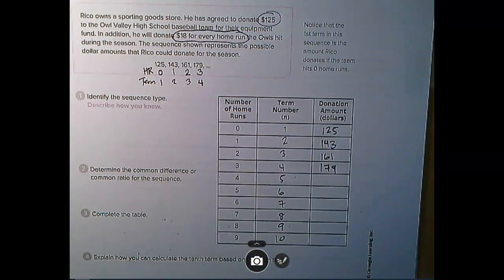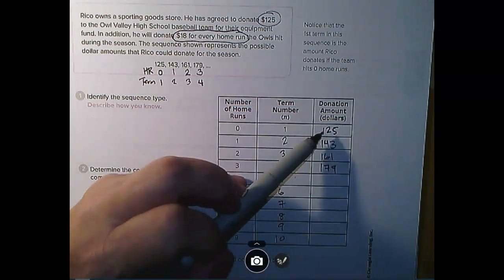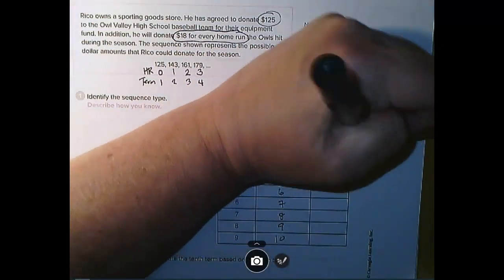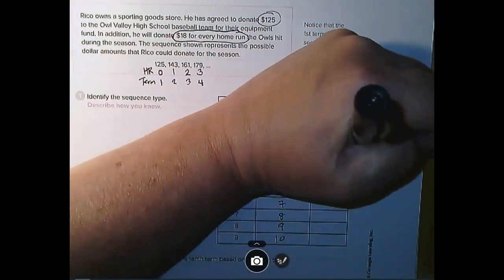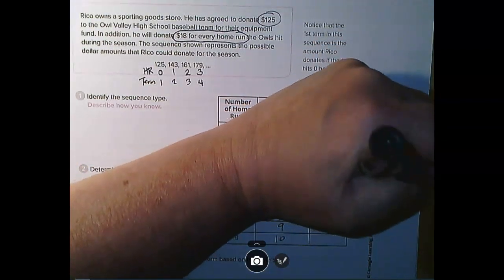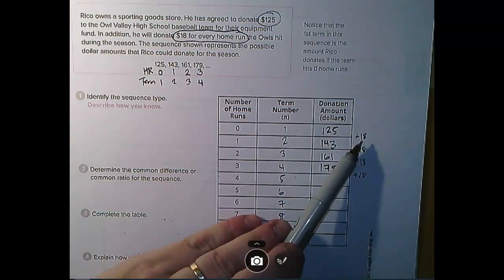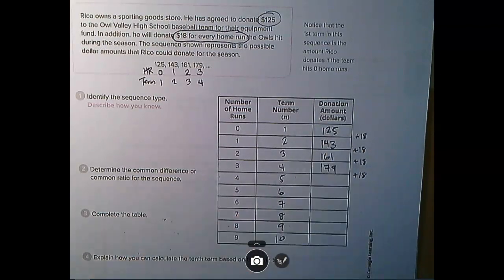So for each additional home run, you're going to add $18. So after every row, you're going to add 18, all the way down. Each time, you're going to add 18 to get to the next number.